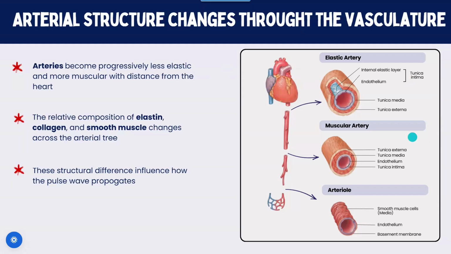As we move further away from the heart, our arteries eventually become more muscular. The balance between elastin, collagen, and vascular smooth muscle changes depending on where we are in circulation. These structural differences influence how the pulse wave travels, which is one reason pulse wave velocity varies depending on where it's measured.